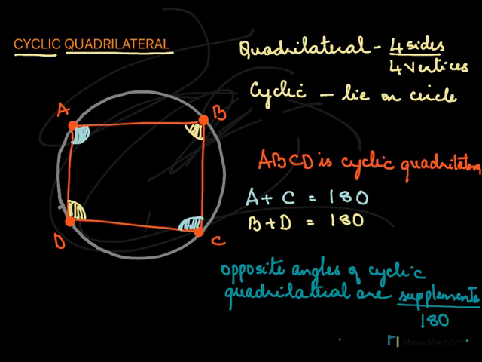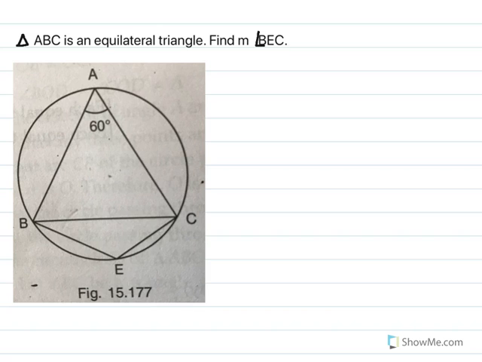So we use this property in addition to all the other properties that we have learned. ABC is an equilateral triangle. Find the measure of BEC. So if ABC is equilateral, and you know in an equilateral triangle, all the angles are 60. So that we have the first statement.